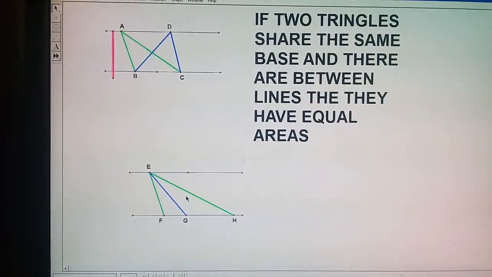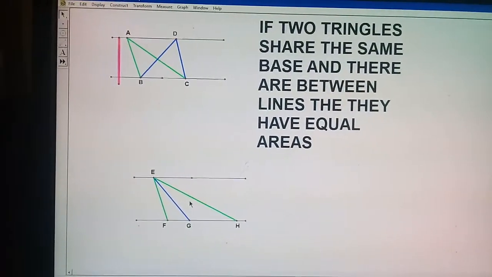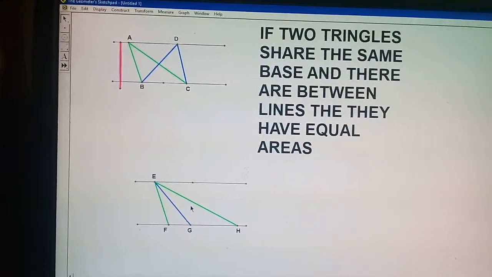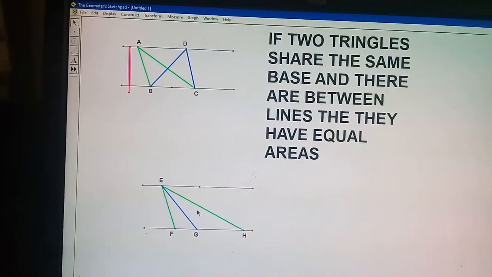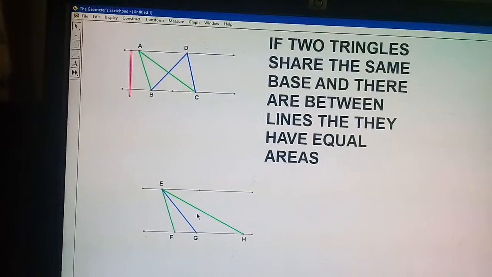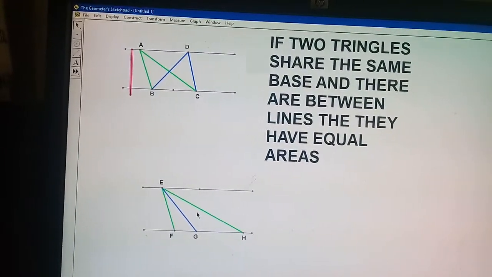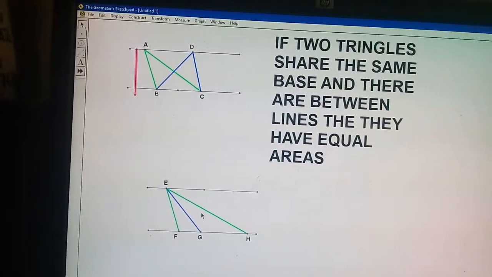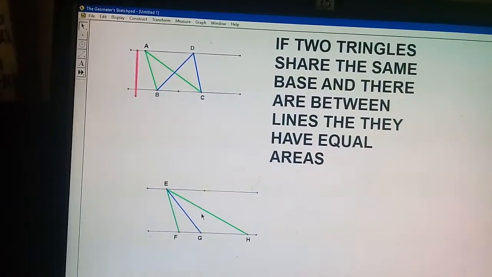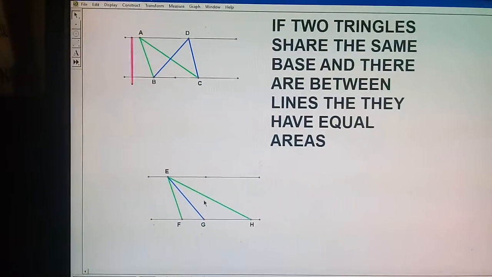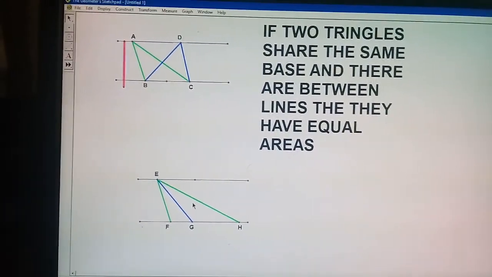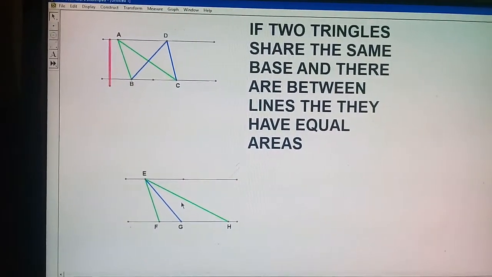If we have two triangles that share the same base and they are between parallel lines, it means they have equal area. And what else? They share the same base, which is BC, and the height doesn't change because they are between these parallel lines. I'm going to use that information to prove the theorem for today.